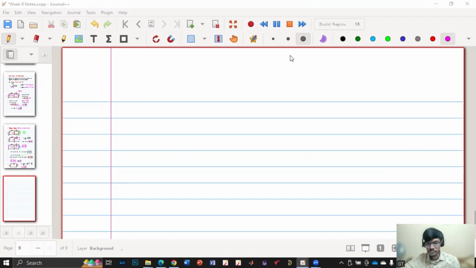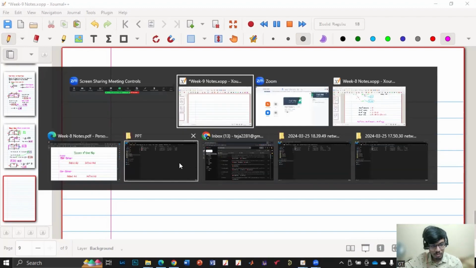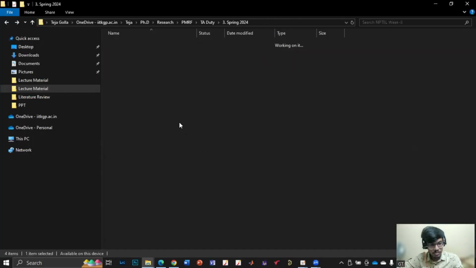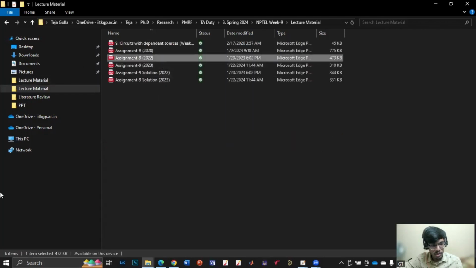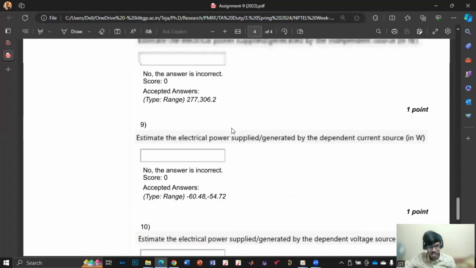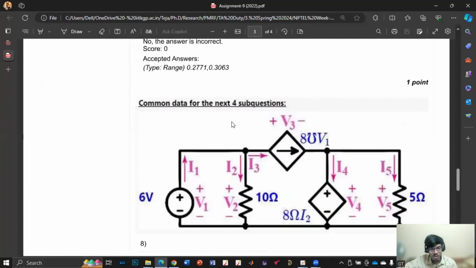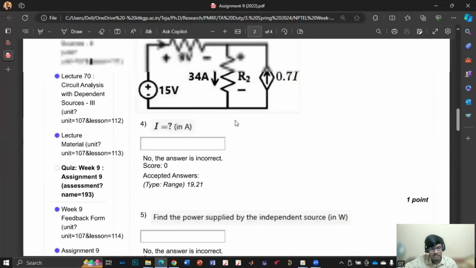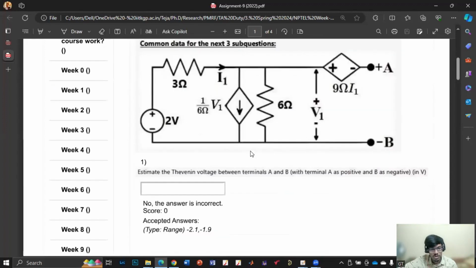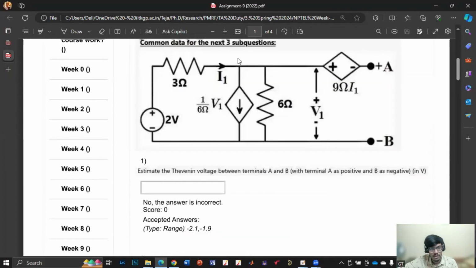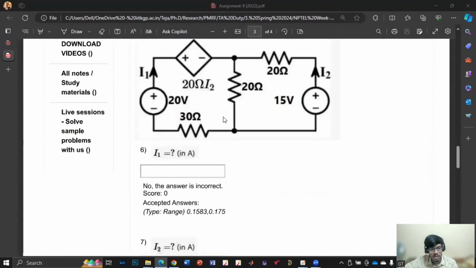Okay, then we'll solve one previous year problem. So we are in week 9. As there is less time, we'll only get very little time to solve. You tell me which one to solve: first problem, second, third, or fourth.